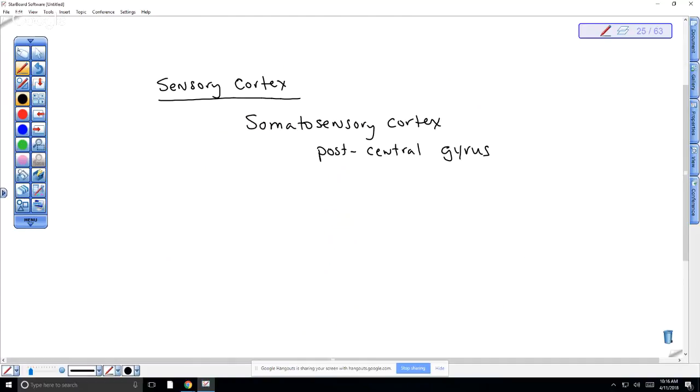So this means information from the surface of the skin. So touch would be a big example, right? But also pain from the skin. So we can determine when we have been injured, for example.